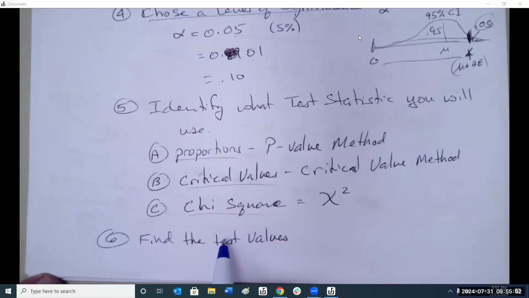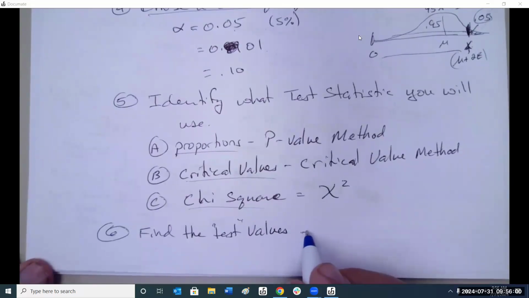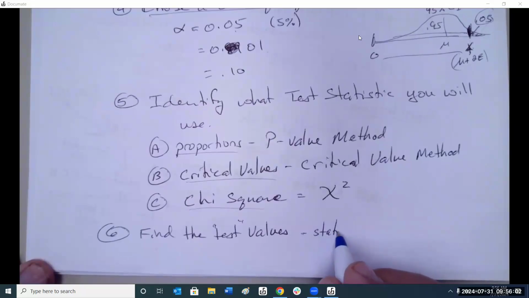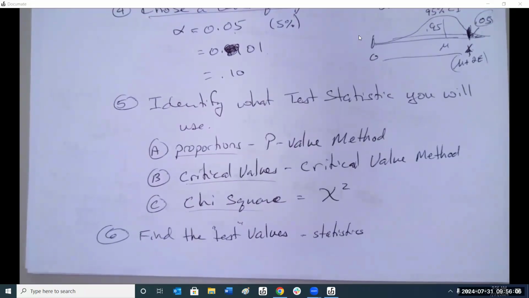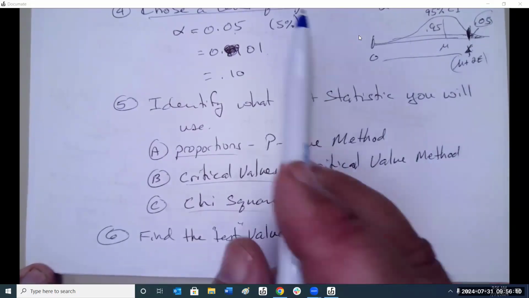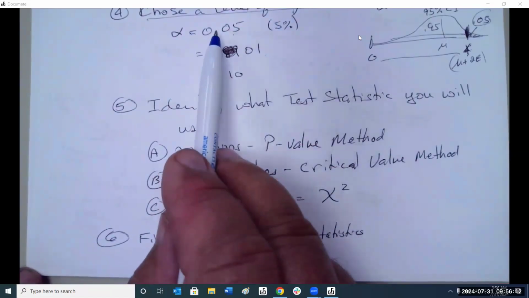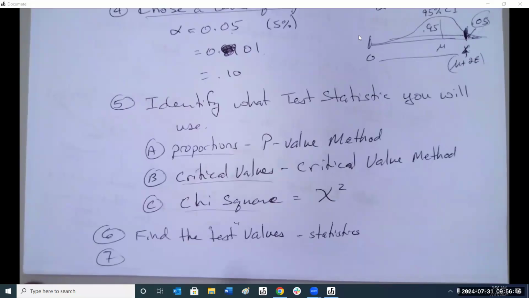In other words, when I say test, I'm saying the values you're going to use on your experiment. These are the statistics that we talked about earlier. So you have your critical values, you have your hypothesis, you have your confidence level, you found your test values.